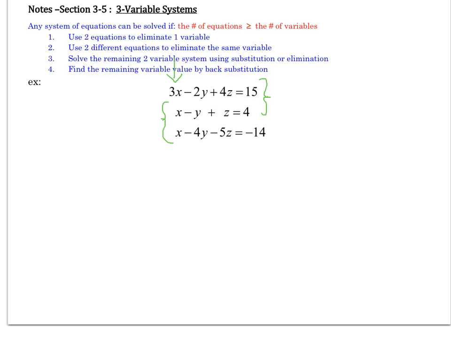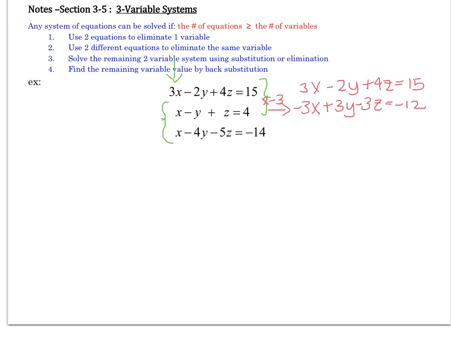If I work on the first two to eliminate x, I'm going to need to multiply everyone by -3 in this bottom equation, so that I have -3x plus 3y minus 3z equals -12, and on top I still have 3x minus 2y plus 4z equals 15.